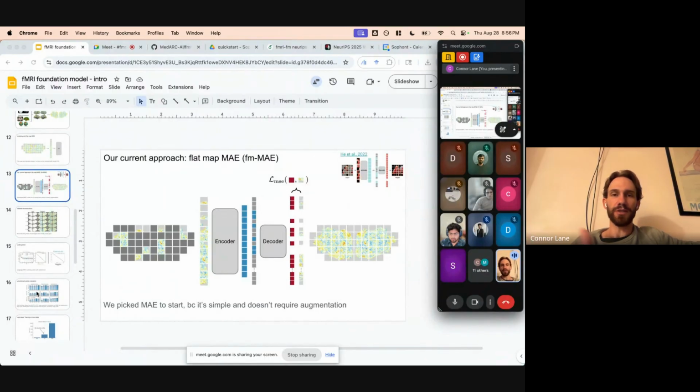This is mostly just for convenience for explaining it, but really because fMRI has this temporal dimension, we're using the spatial temporal version of the masked autoencoder. So you don't just give it a single frame, you give it a sequence of frames. In our case, we give it 16 frames. This is the standard sequence length from the spatial temporal MAE on video. So we give it this spatial temporal sequence of 16 flat map frames, but otherwise the architecture is the same.